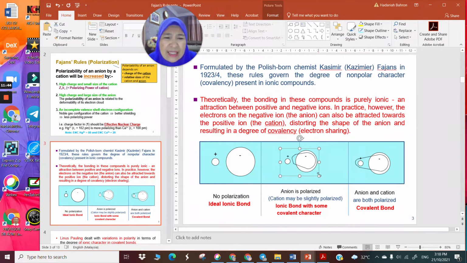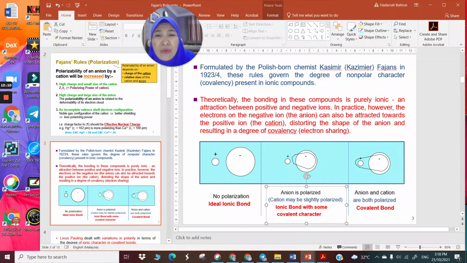So in this case in the middle, the anion is getting a little bit more polarized because your cation becomes smaller, and it's described as an ionic bond that has some covalent character, because we all know covalent is all about sharing. Ionic is all about complete transfer.